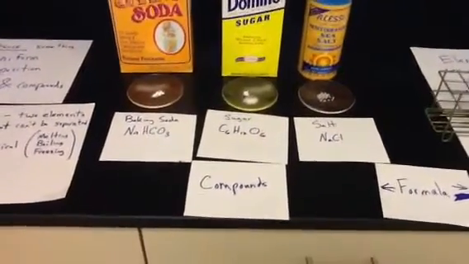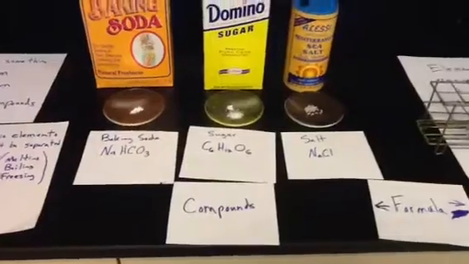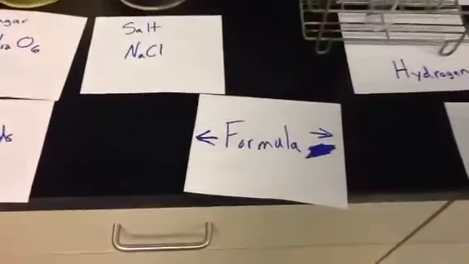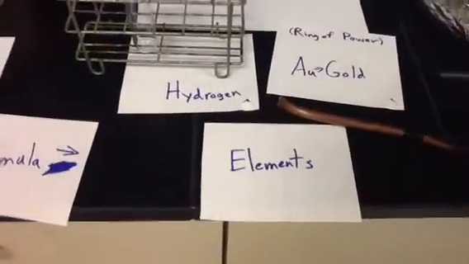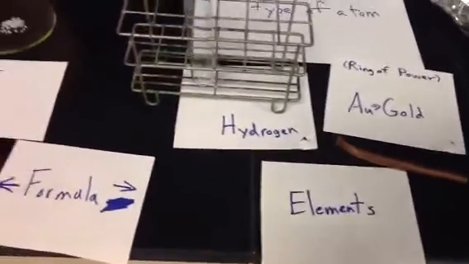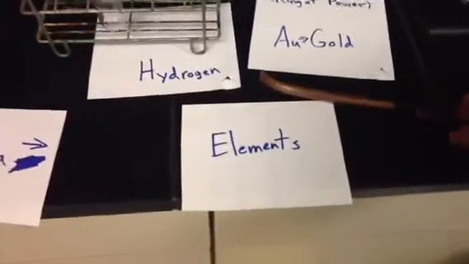Now, if you'll notice something about compounds and elements, they have what is known as a formula. The formula of an element is simple, it's just what it is. Gold is Au, the copper would be Cu, the aluminum would be Al.